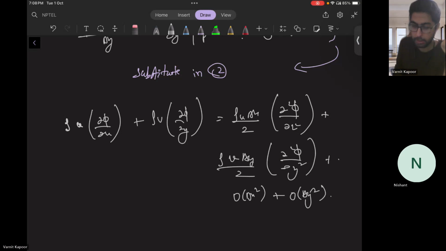Okay. So you can assume that u and v are also equal, delta x, delta y will also be equal. Okay. So we'll get a modified equivalent equation.